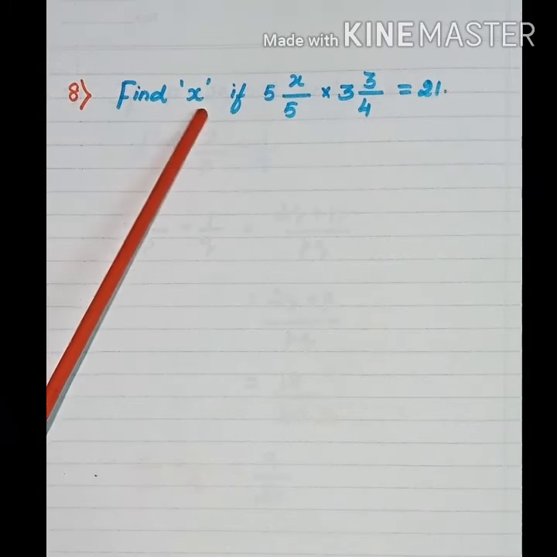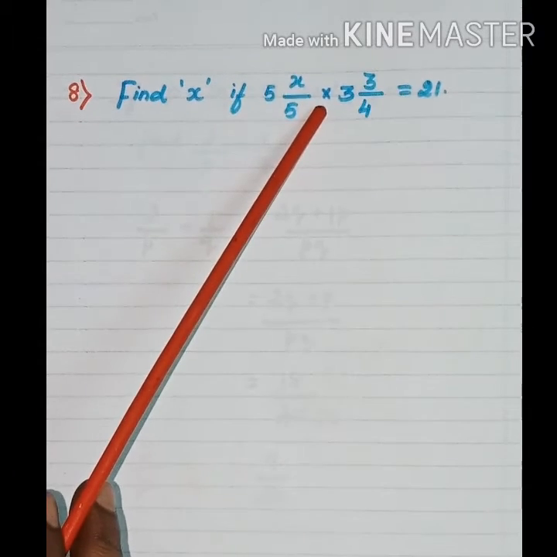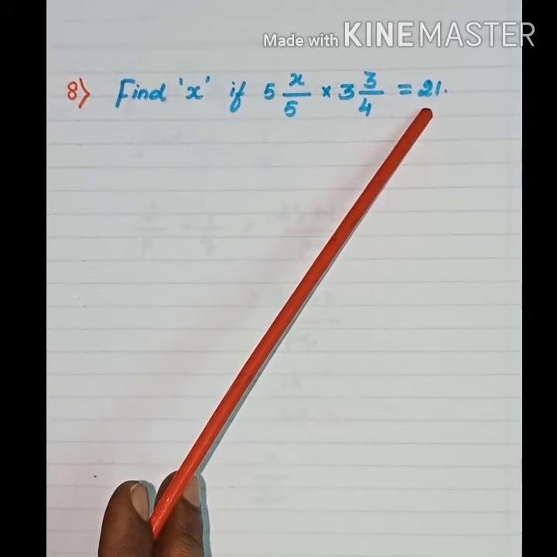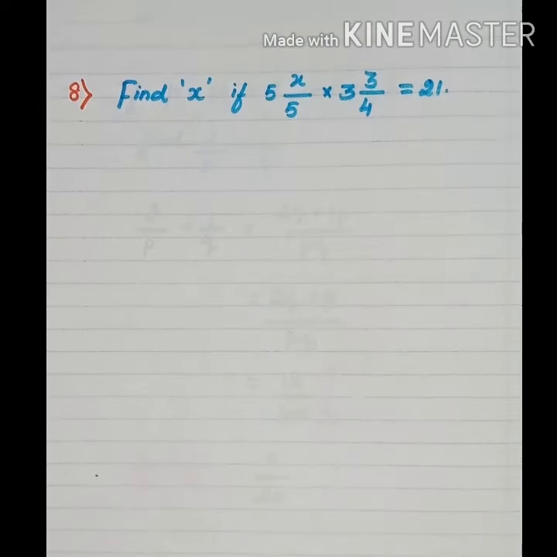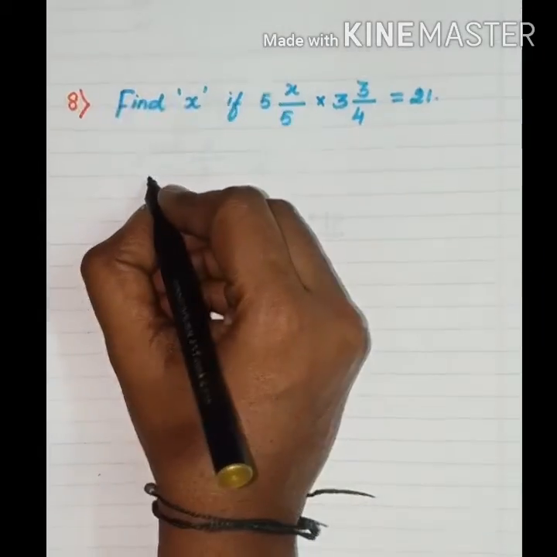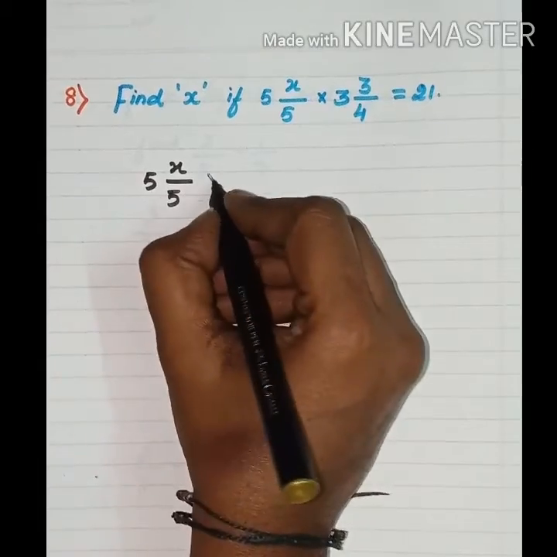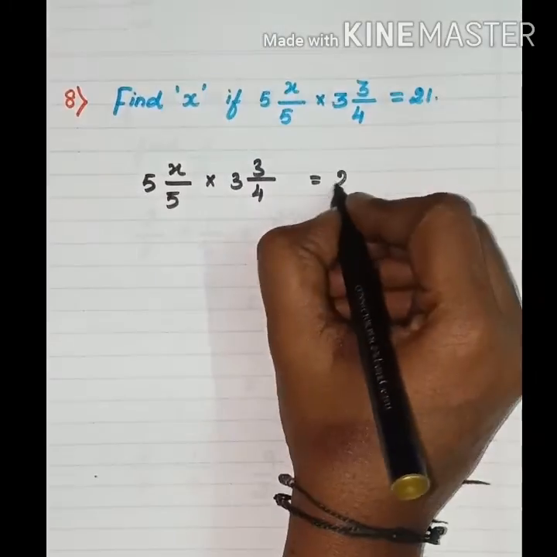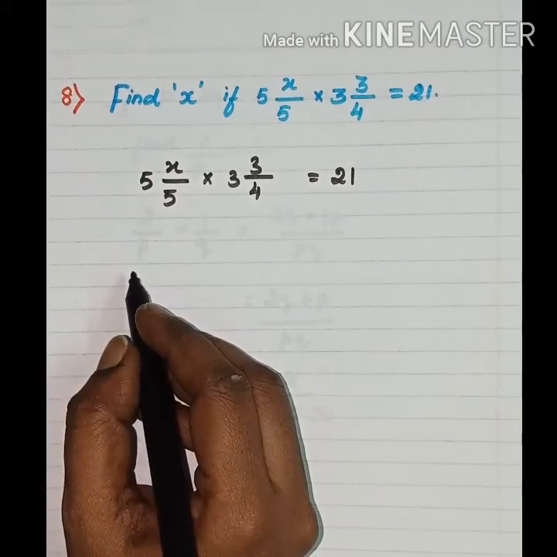Find x if 5x by 5 into 3 by 4 is equal to 21. We are going to find the value of x. Given that 5x by 5 into 3 by 4 is equal to 21. It is in the form of mixed fraction.